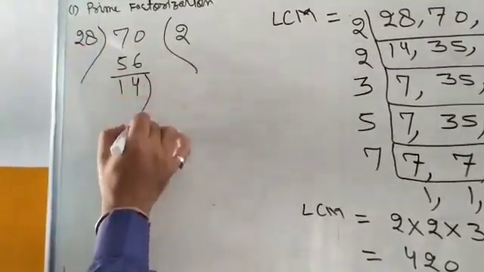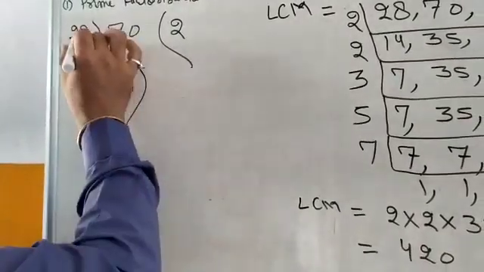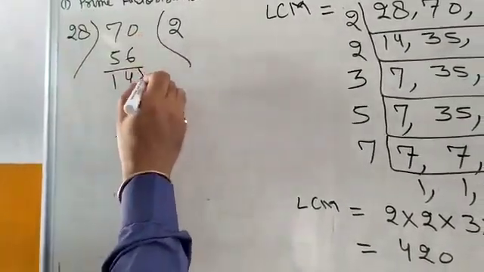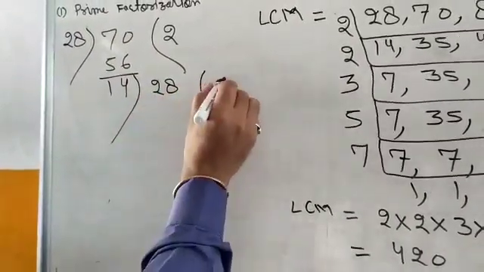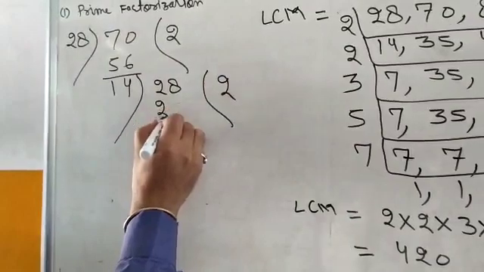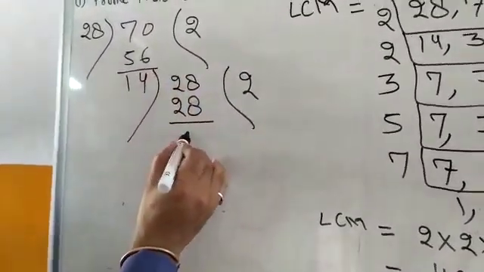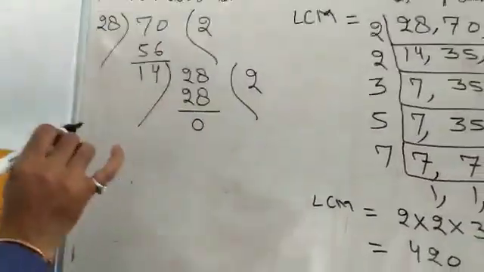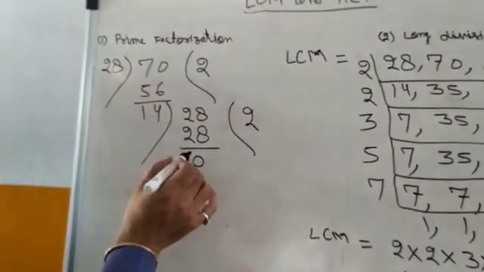Now this remainder becomes the divisor, and the divisor becomes the dividend. So 14 2s are 28. We will divide these two numbers till we get remainder 0. Now the remainder is 0, so we will stop dividing.